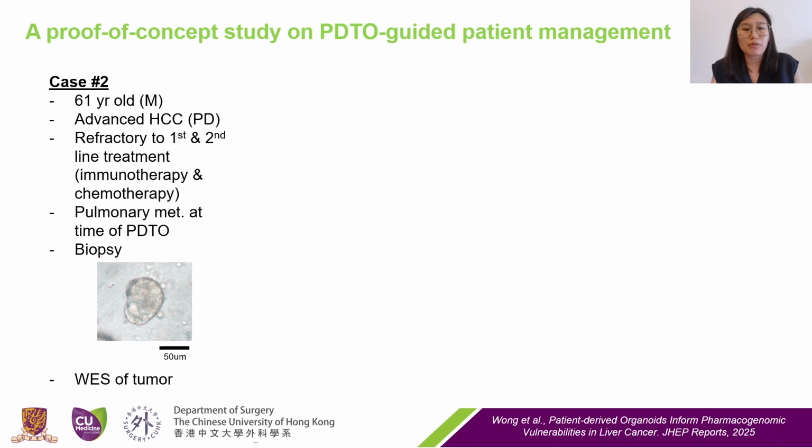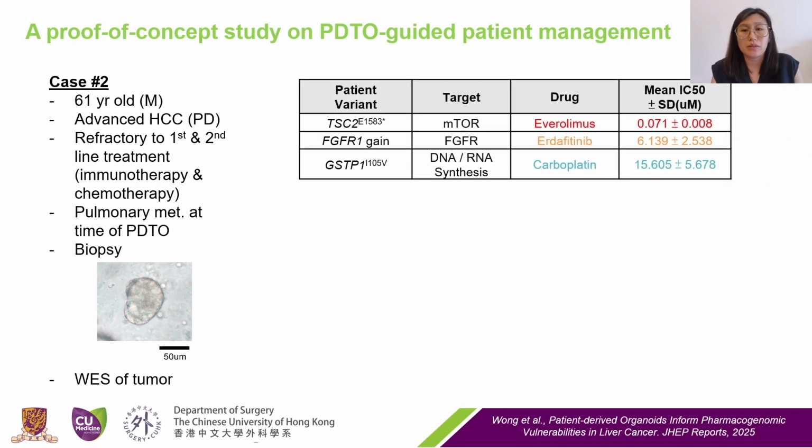When we performed the whole exome sequencing of the tumor, it revealed potentially actionable targets such as TSC2 frameshift mutations, potentially benefiting from the mTOR inhibitor everolimus. This has been reported in other cancer types like head and neck or tuberous sclerosis, but again, we don't know whether it will work for HCC.